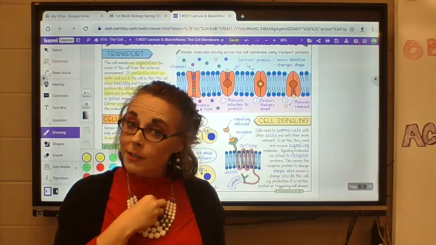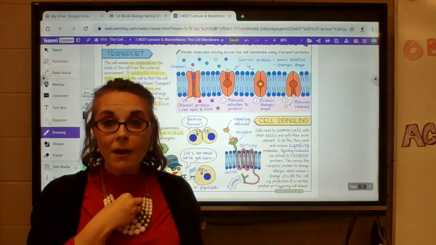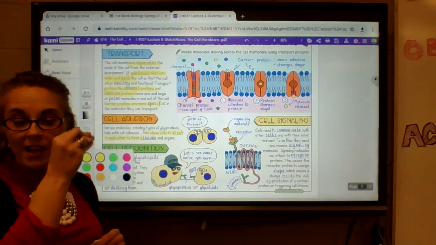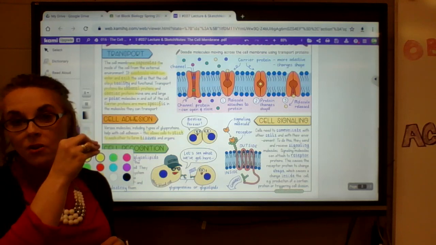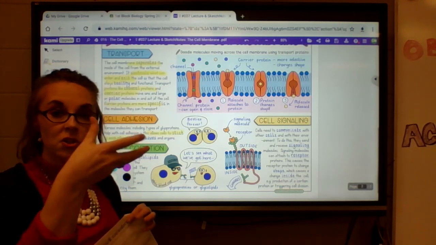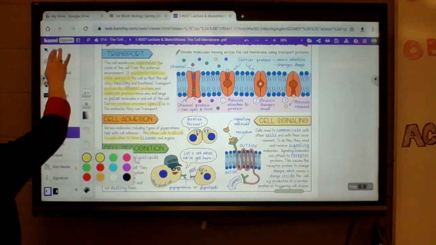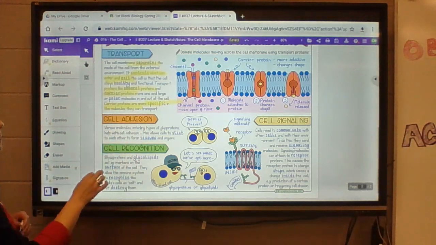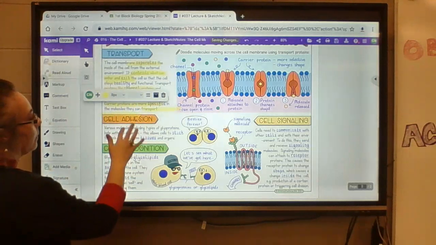Like my heart is able to stick together because of adhesion. All of those cells are sticking together, and all of those heart cells are forming heart tissue.